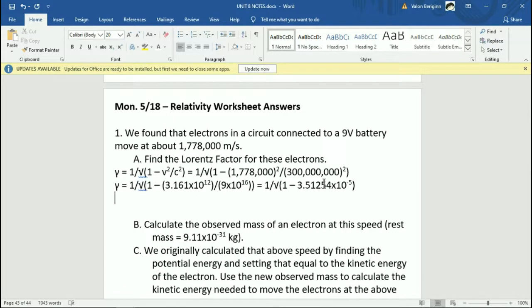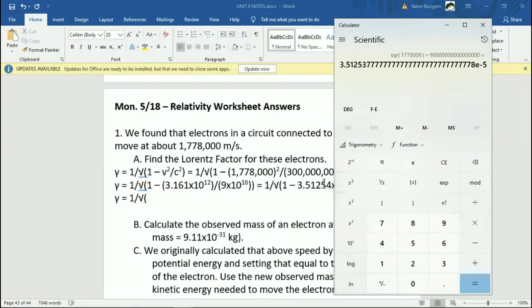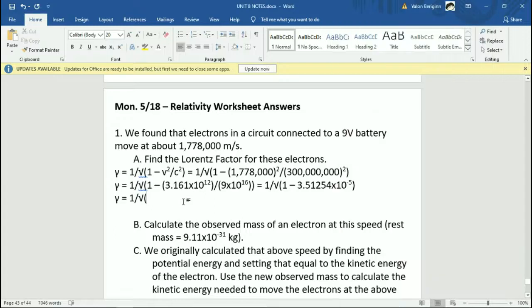Okay, so then we have 1 minus that, which is 0.99996 and so on.